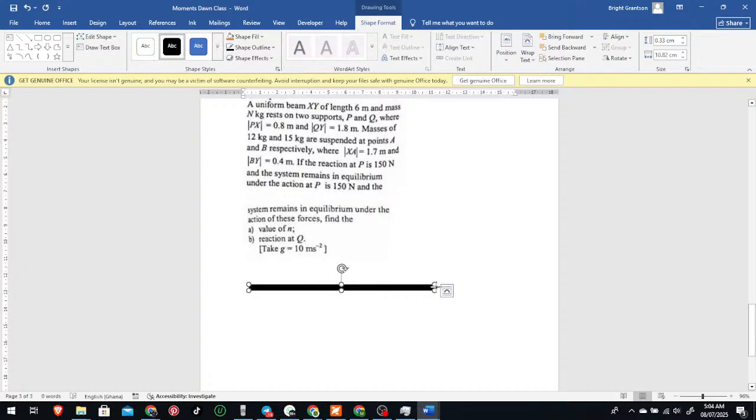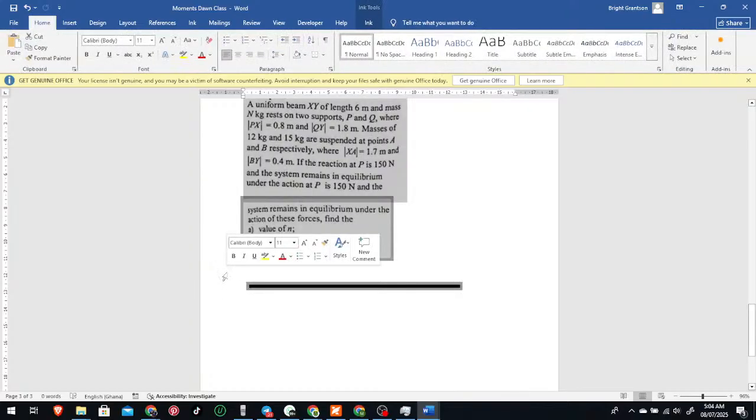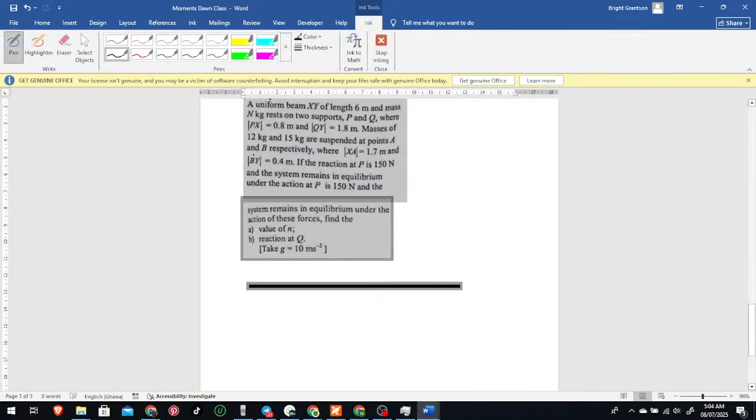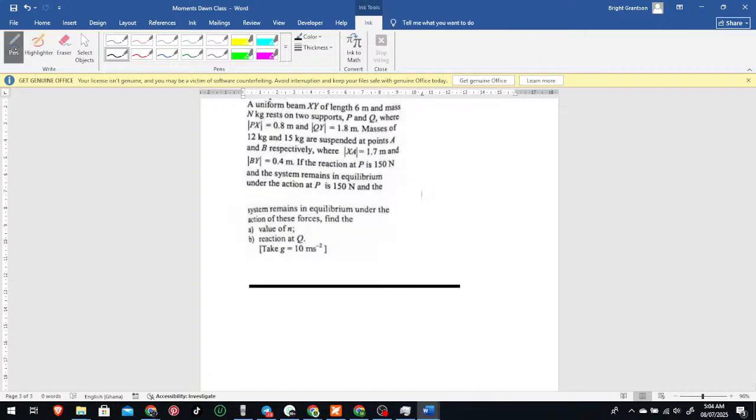So a uniform beam of X. So this is X. This is Y. Are we okay? A length 6 meters. So from here to here is 6.